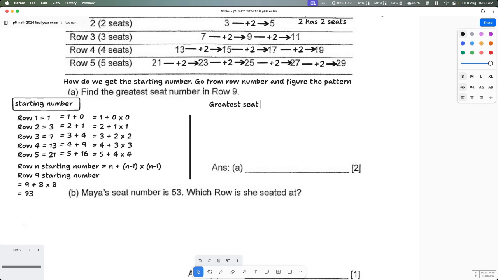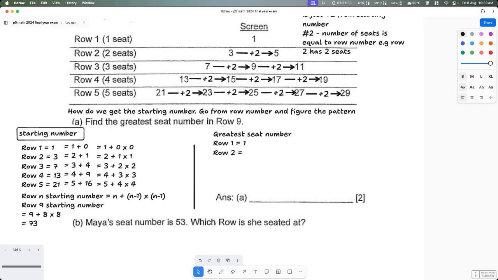So this is the greatest seat number. In this case, row 1 is still 1, row 2 is 5, row 3 is 11, row 4 is equal to 19, and row 5 is equal to 29.